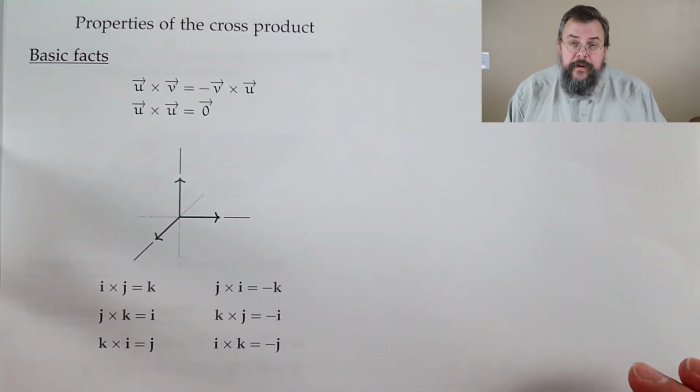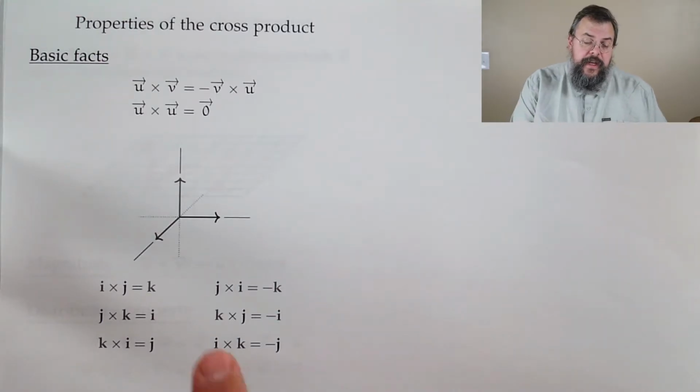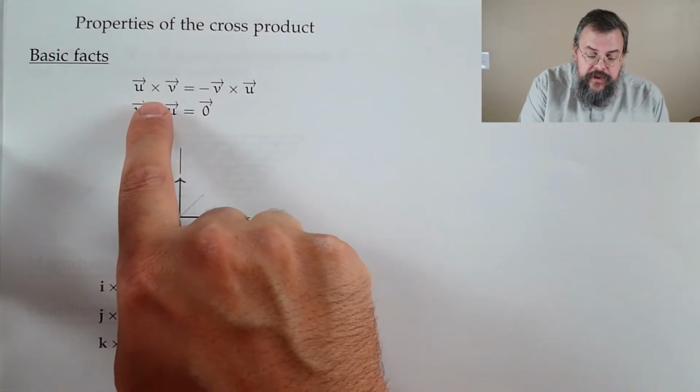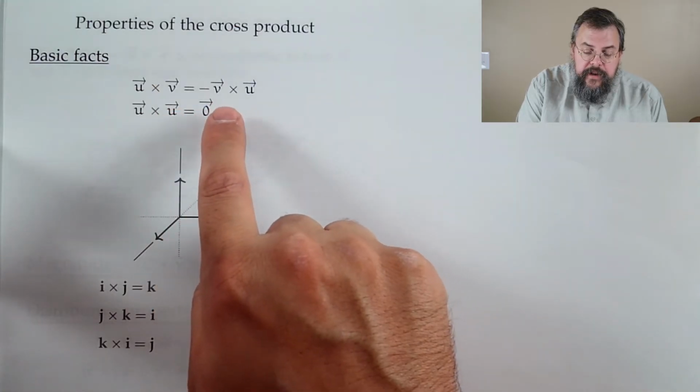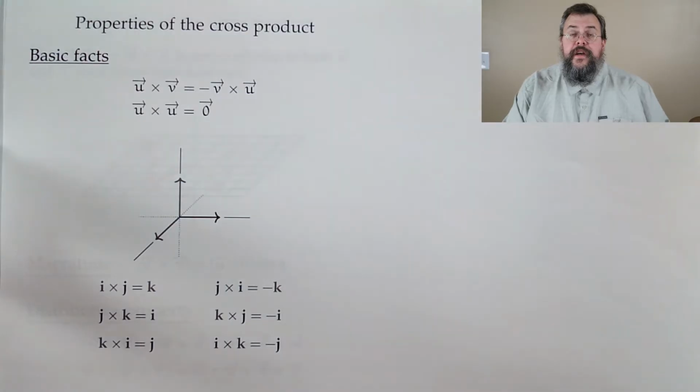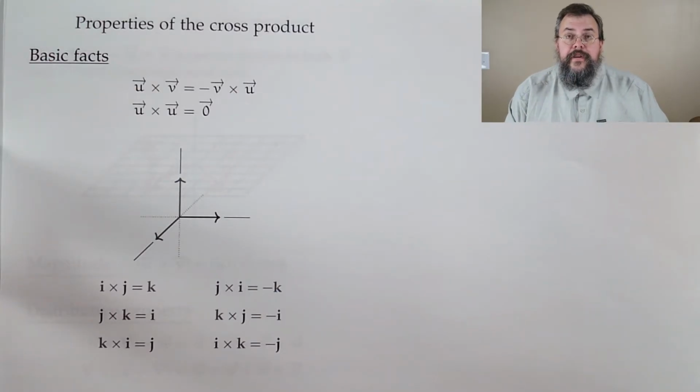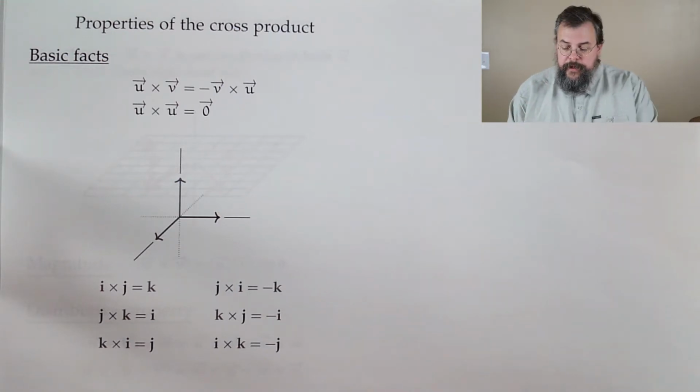First off, there's some things which are really strange. If I take the cross product of u and v, and I compare it to the cross product of v and u, I flip. In other words, there's a negative. So it means the order in which you multiply things matters. Well, where does the flip come from?